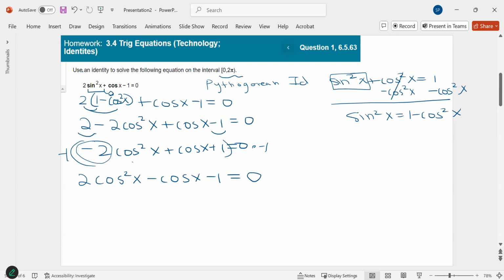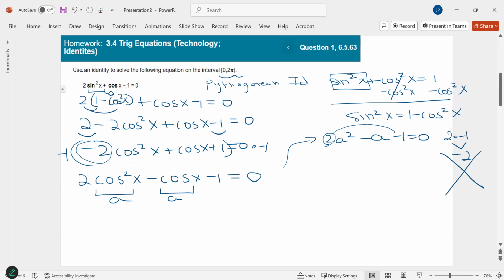Now we factor. I'm going to replace the cosine of x with a just to make it easier to factor. So we can think of this as 2a squared minus a minus 1 equals 0. Going back to your algebra, how do we factor this when the leading coefficient is something other than 1? You multiply the leading coefficient with your constant term, the a times the c. So 2 times -1 is -2.